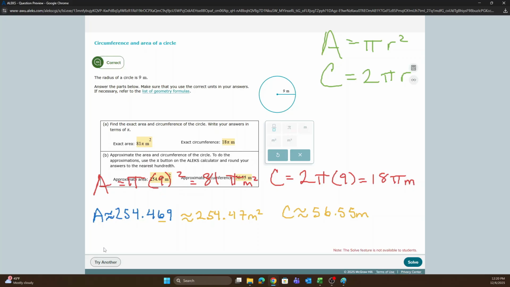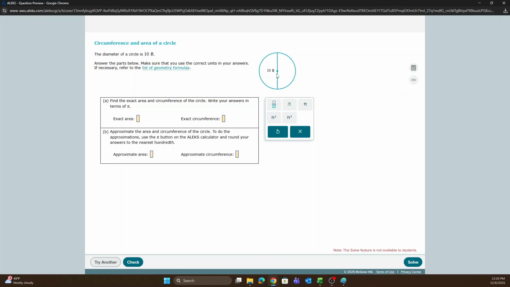So let's go ahead and try another one of these just to get a little bit more of a feel and comfort of this. So here we're given the diameter is 10 feet. Now, once again, let's write out our equations that we need.